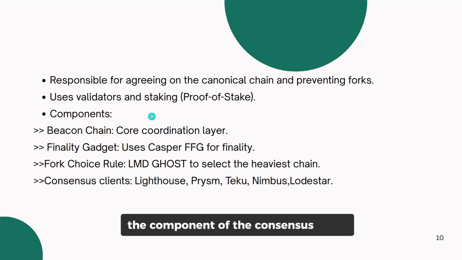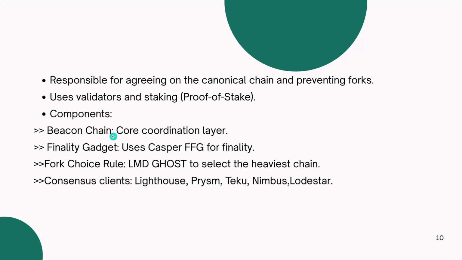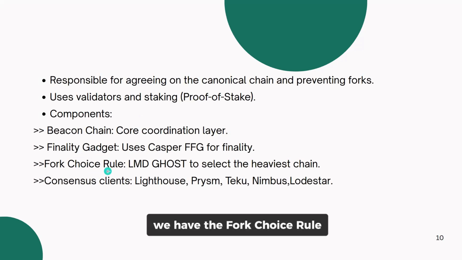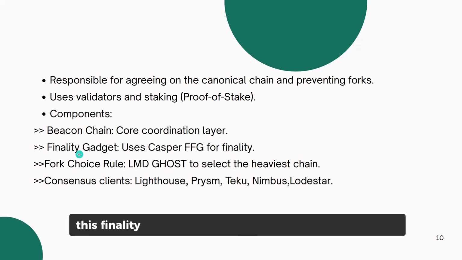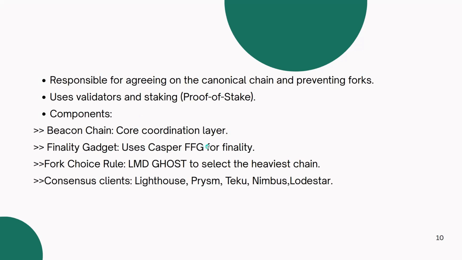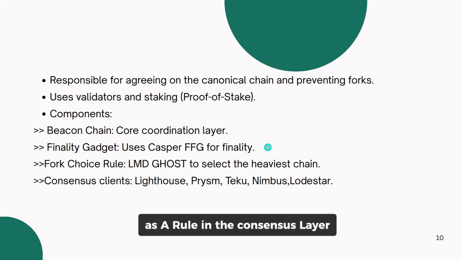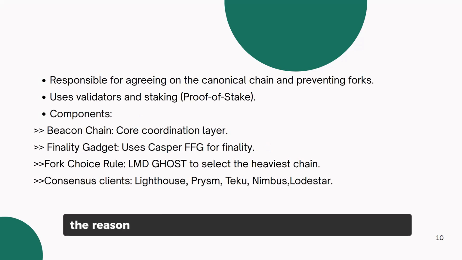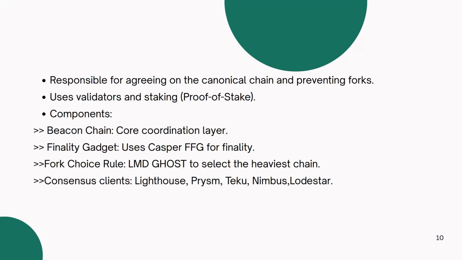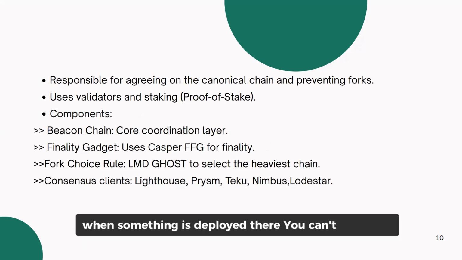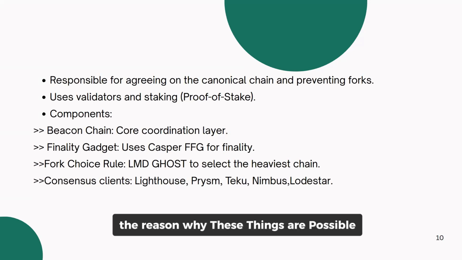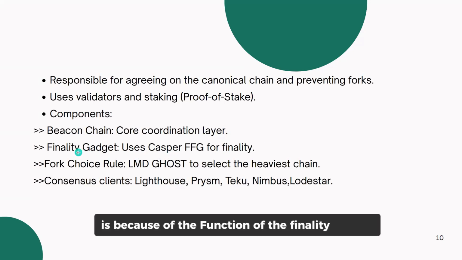The components of the consensus layer are the beacon chain, which is the core coordination layer, the finality gadget, and the fork choice rule. This finality gadget helps us attain finality as a rule in the consensus layer. The reason why we say the blockchain is immutable, that when something is deployed there you can't change it, is because of the function of the finality gadget.